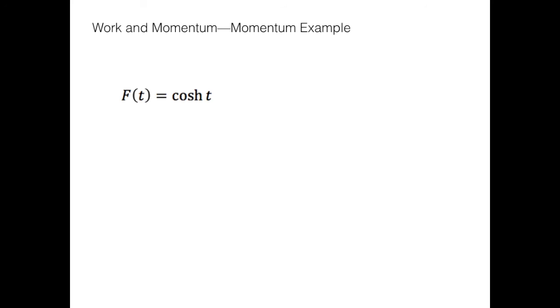So now let's look at a momentum example. If you've been waiting for the hyperbolic example, this is where that comes in. We're going to be looking at finding momentum when the force is defined as cosine hyperbolic t.